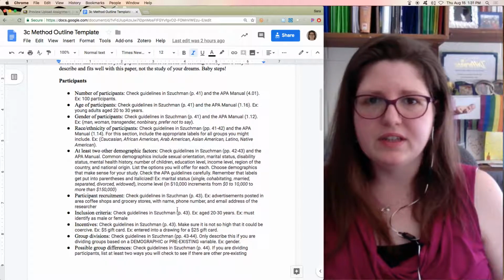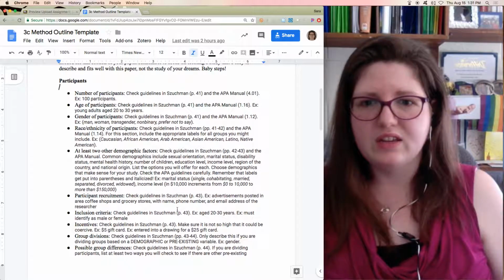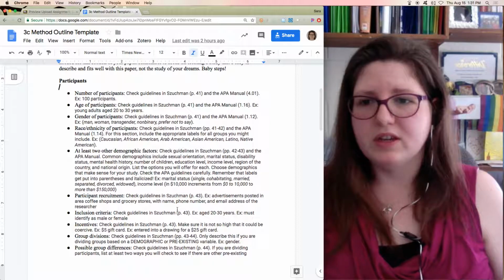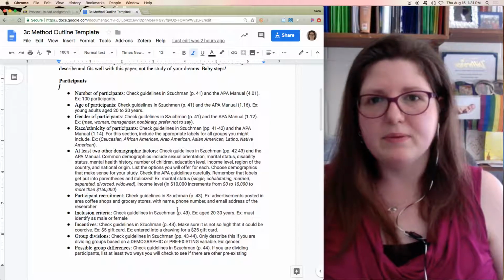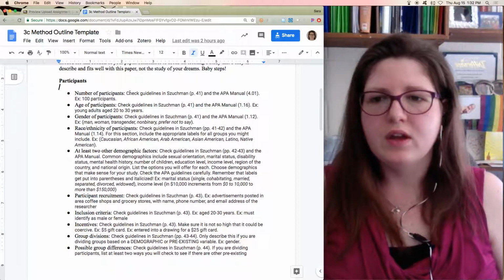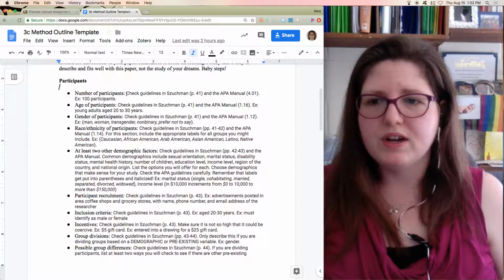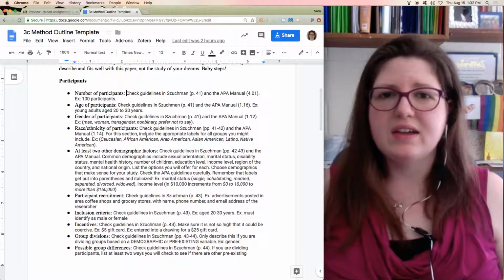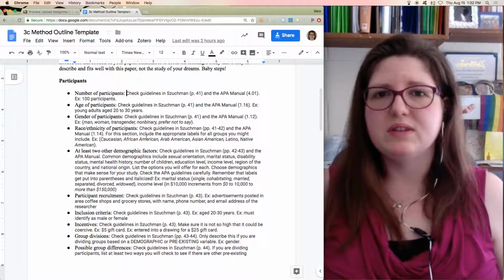So like most things, I've set up an outline where you just fill in what you need specifically, and then you will write it up as a draft for your peers to look over. And for each one, when you write about people, the APA has lots of guidelines about the kinds of language you use.